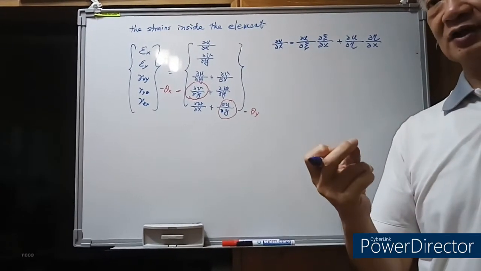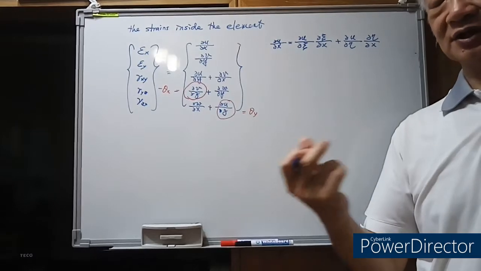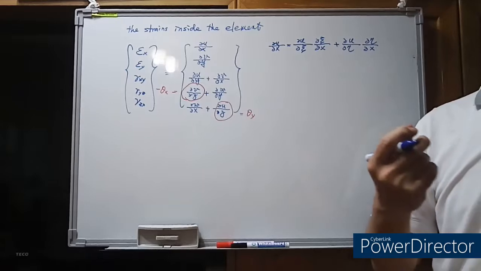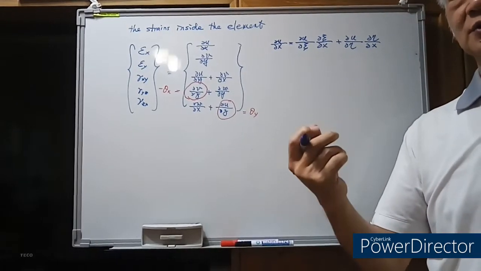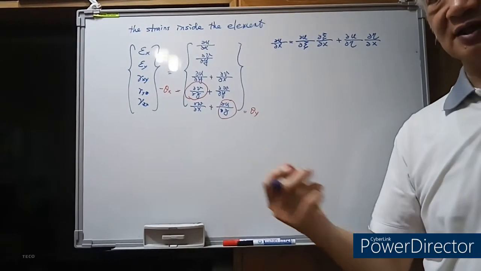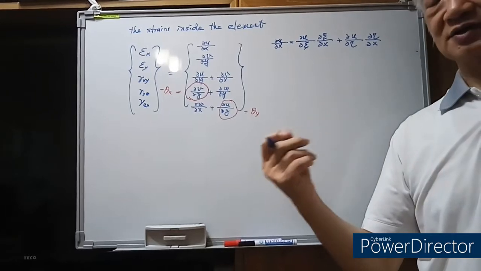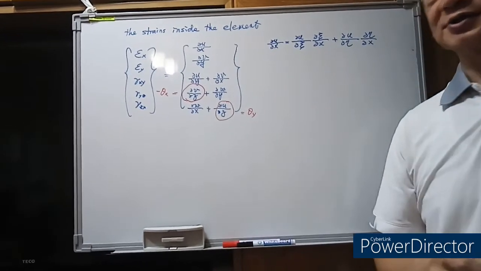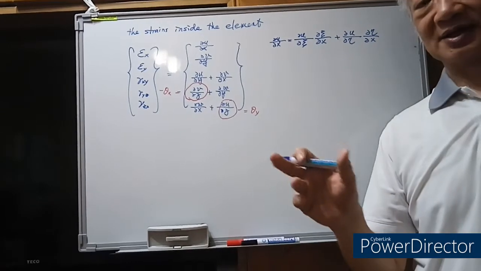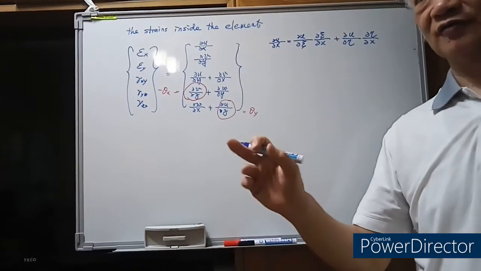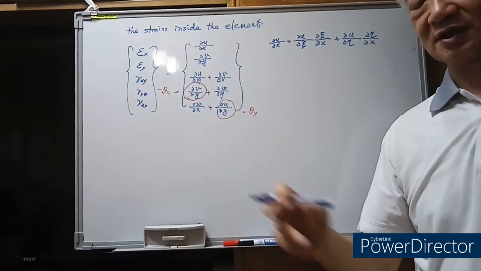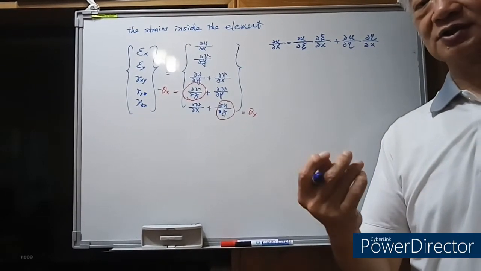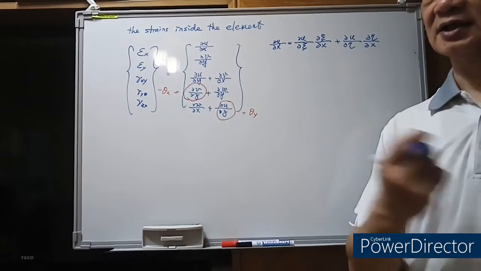So we have the clear formula which can tell us how to get the u of xi, eta and the v of xi, eta. Since these two functions are established on the master element, the two parameters will be the xi and the eta.